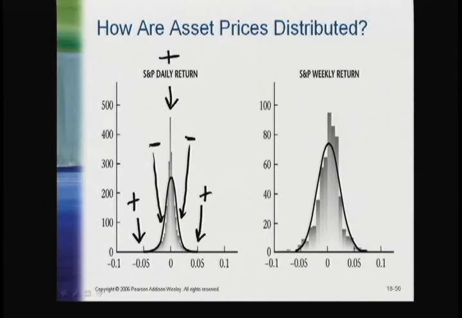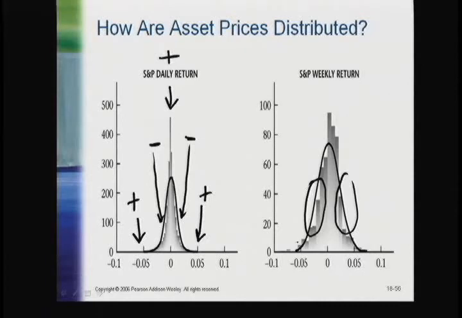In the real world, returns tend to be too often close to the mean, and too often very far from the mean, compared to what the normal would assume, and too seldom in this intermediate range. You see this gap where the actual observed probabilities are below what the normal distribution would require.